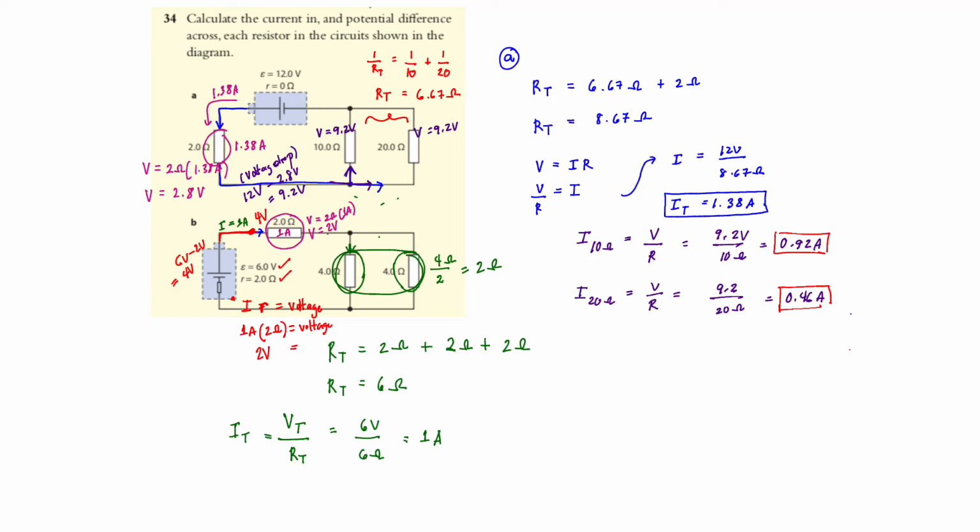And so from this portion, we have a voltage drop of 4 volts minus the 2 volts, and that would be 2 volts. So what we enter here is another 2 volts.